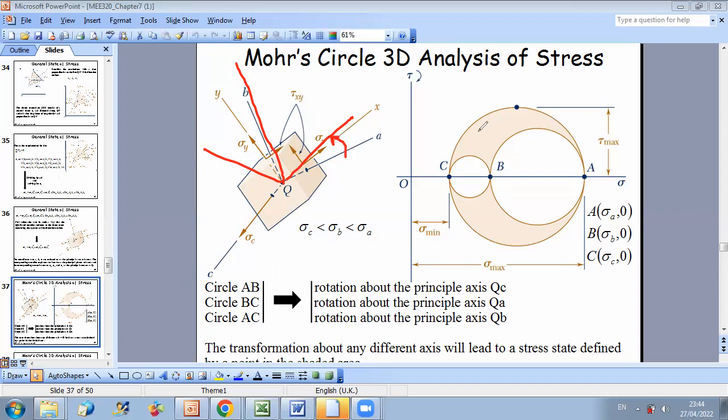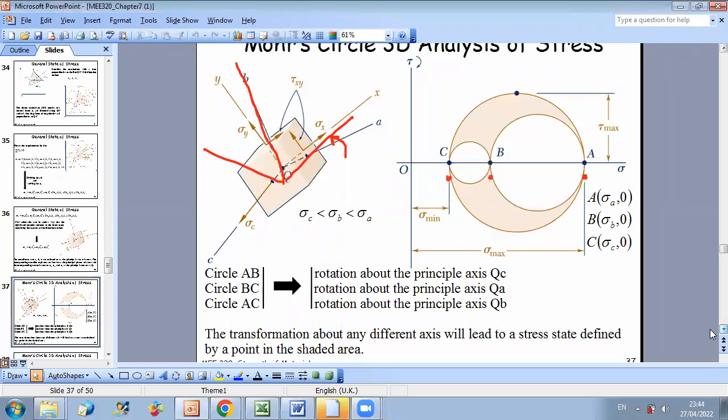So this means that in 3D analysis, I have three, if you want, circles corresponding to rotation about the principal axes. Now, in case I have a rotation about any axis different from the principal axes, then what I will have is a state of stress limited by these circles.